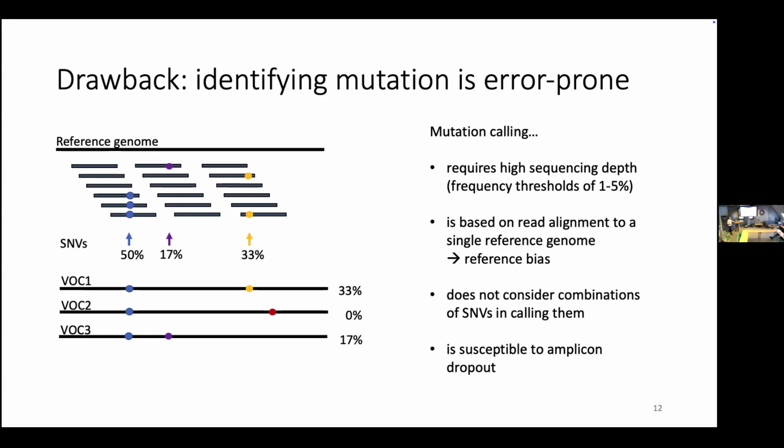Yeah. So with high mutation frequencies, you would expect them to appear together. And it simply gives you more information, mainly because the sequencing machines themselves also make errors. So if you see the same mutation or a combination of mutations appearing in multiple reads, then you can be more certain that these are not errors from the sequencing machine, but that it's actually a true signal.